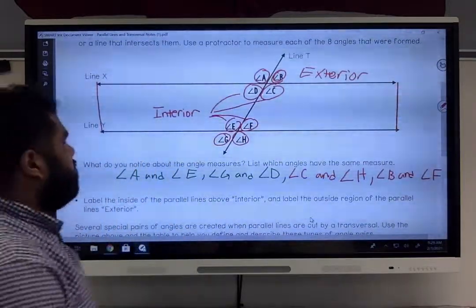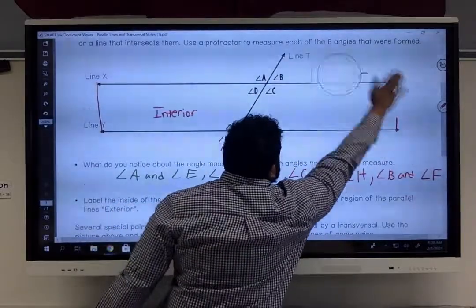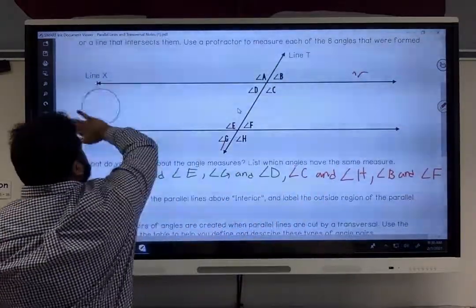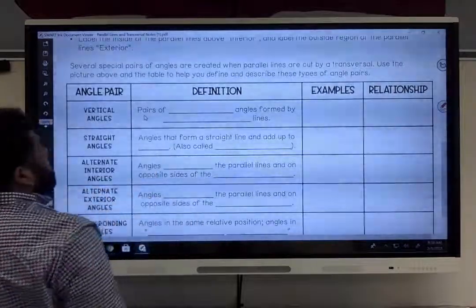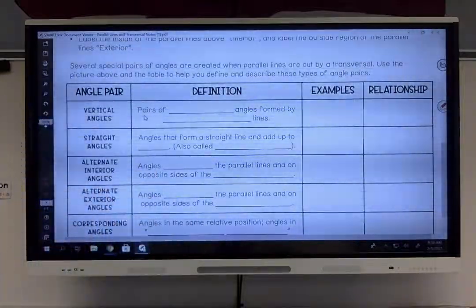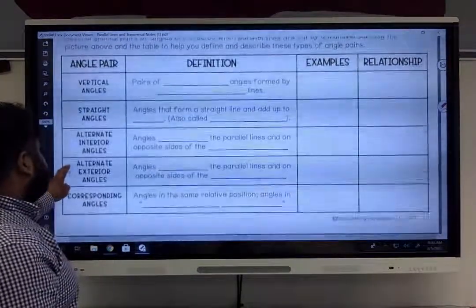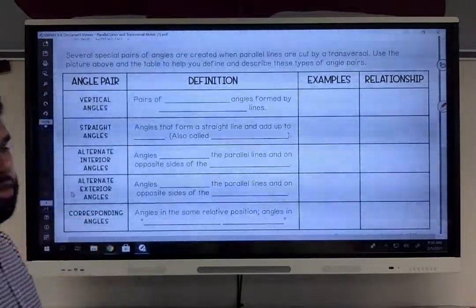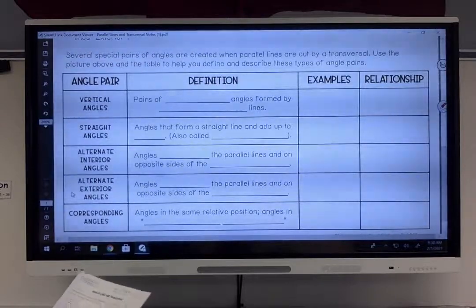I'm going to erase all of this so we can get on to our definitions. It gives us five different kinds of angles to look for. The first one is a vertical angle: pairs of blank angles formed by blank lines.